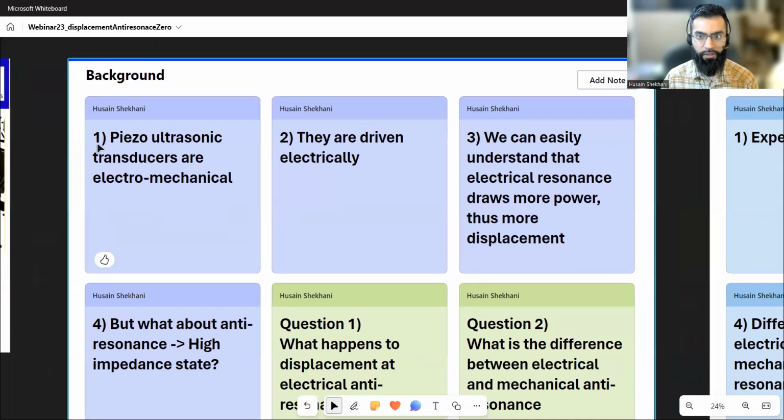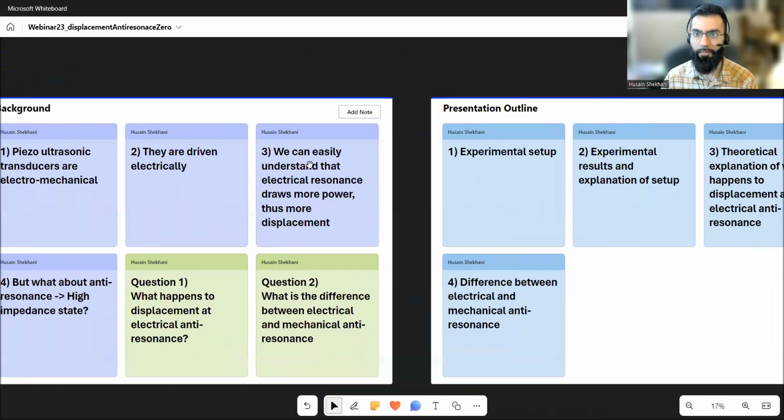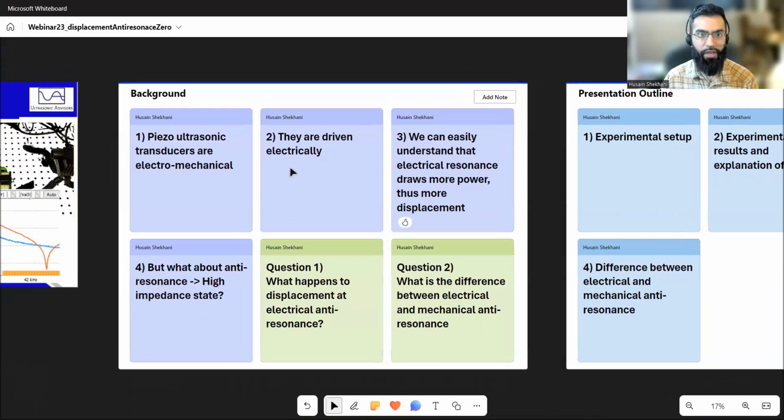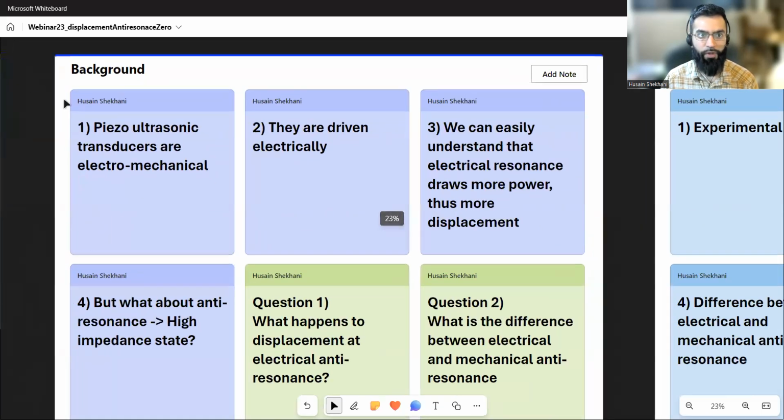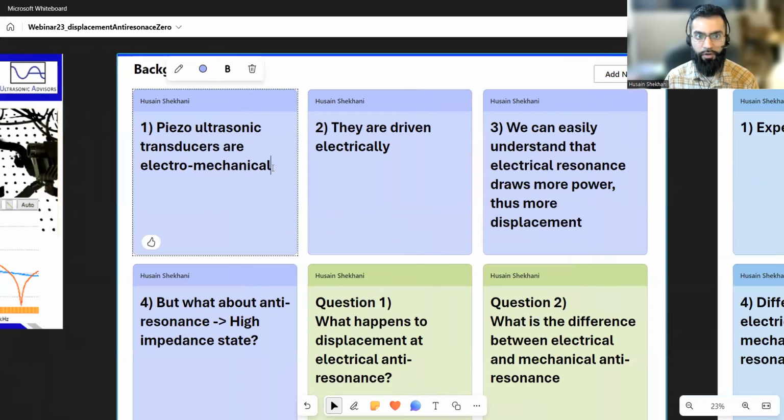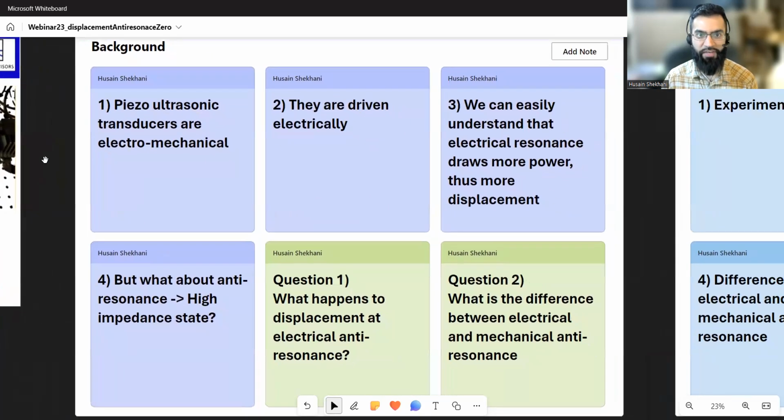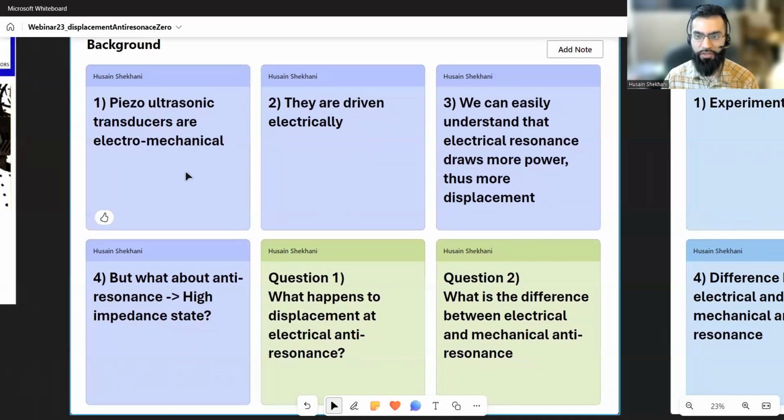So I'd like to now go through the background of the presentation. Basically, this slide is saying why I'm even discussing this topic, and where these questions come from, like what happens at anti-resonance.